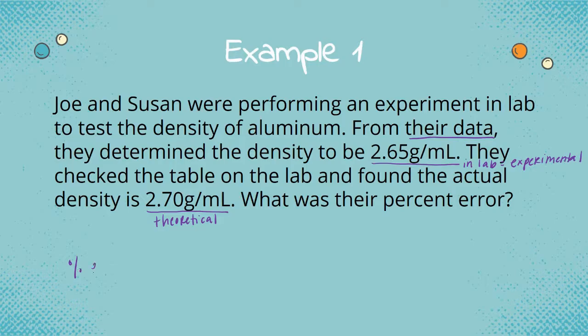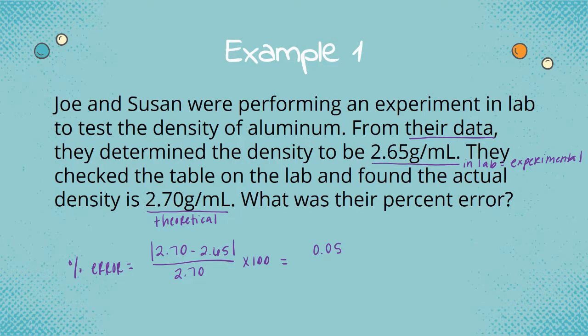And percent error is the theoretical 2.70 minus the experimental 2.65. I'm going to put that in absolute value bars, divided by the theoretical 2.70 times 100 to make it a percent. So when I take 2.70 minus 2.65, I get 0.05.